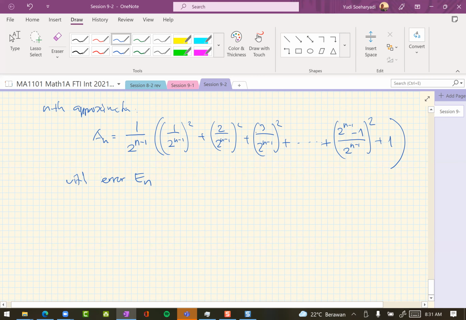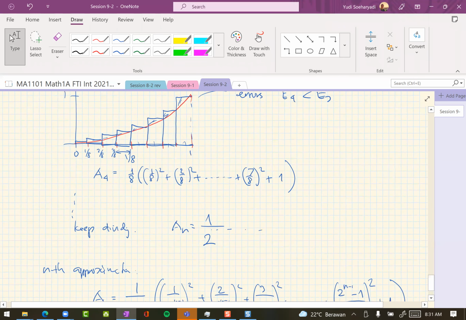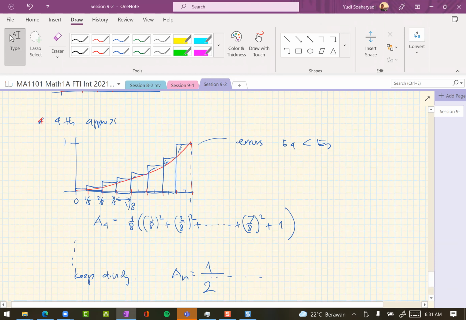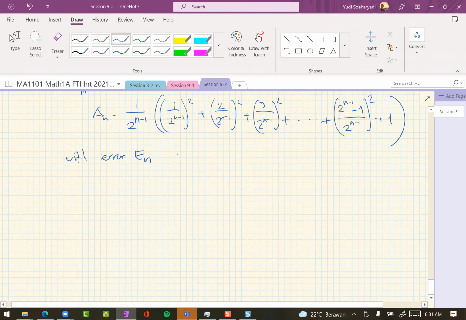Slightly more complicated. Okay. These tricks make it easy to see the errors getting smaller.